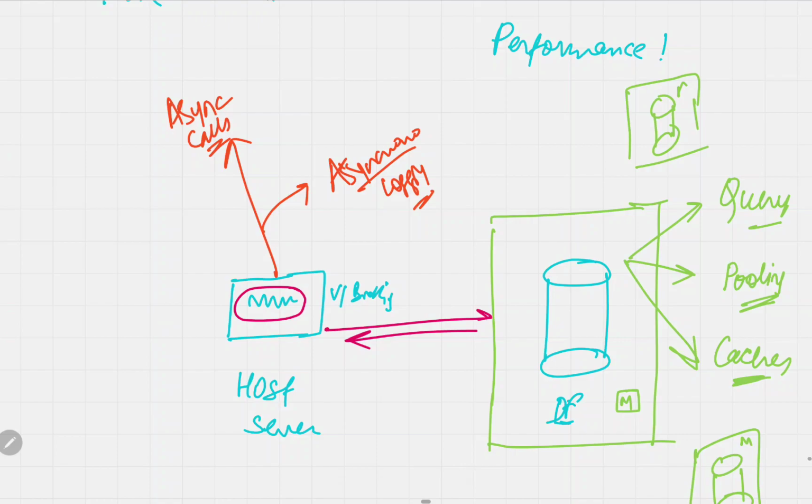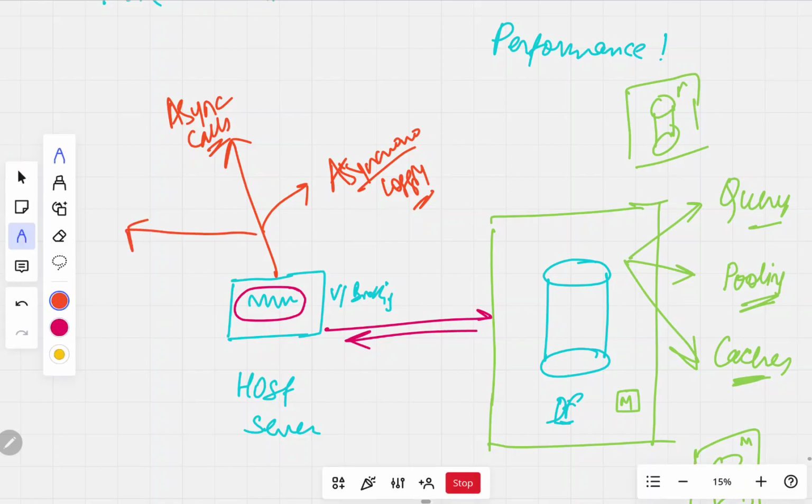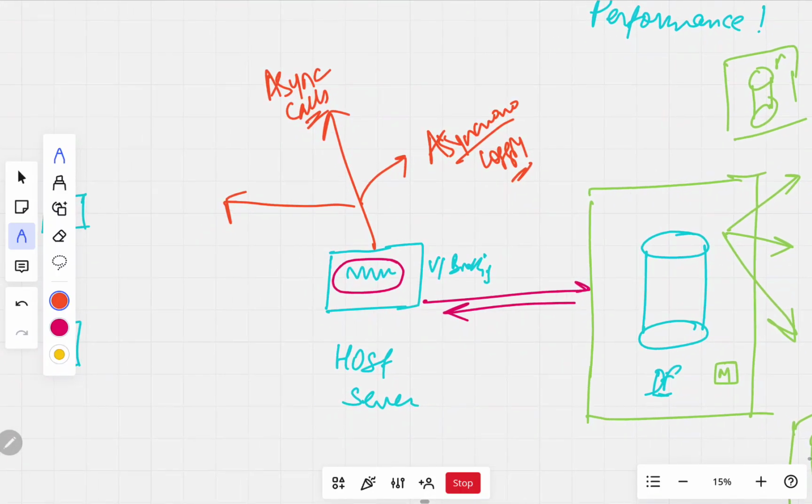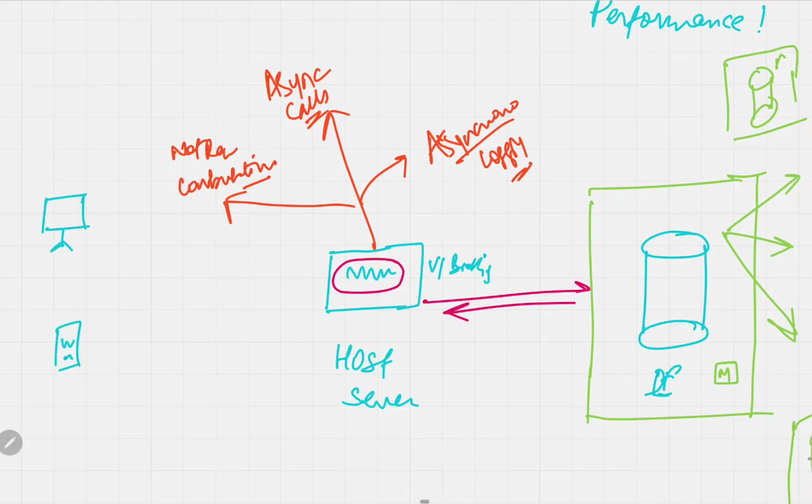The third thing is computation, not required computation. So try to keep each of your endpoints very lean.